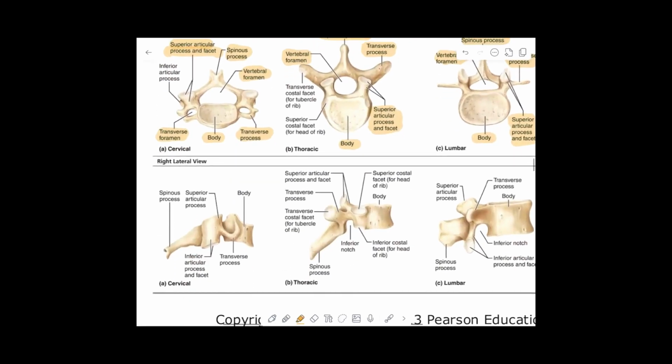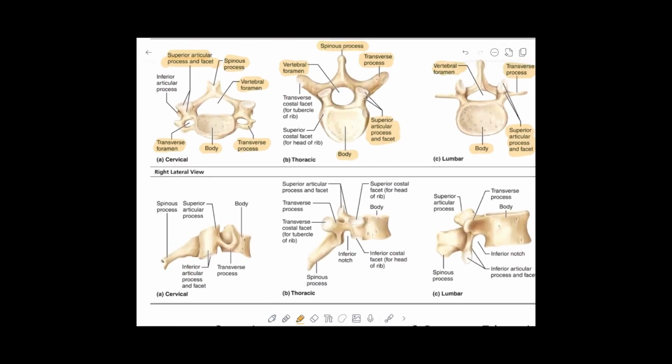When we look at the lateral view of them, we see the spinous processes first. Notice how they look a little different. And one way to identify them, especially in the lab, is that the spinous process for a thoracic vertebra looks like a giraffe. And for the lumbar, it looks like a moose and has the thickest body. You can see the thickness of the body really well in this row.